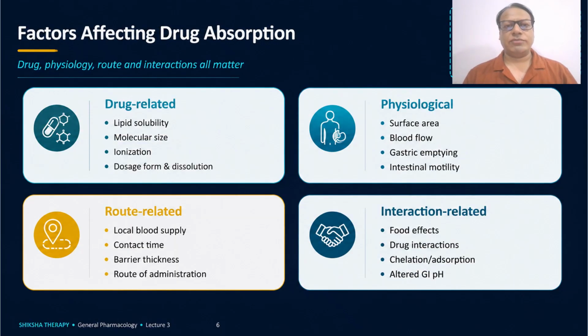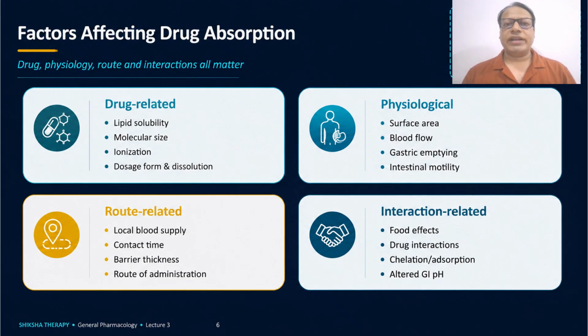Factor affecting drug absorption. Several factors can influence drug absorption. Drug-related factors including lipid solubility, molecular size, ionization, dosage form, and dissolution rate. Physiological factors include surface area, blood flow, gastric emptying time, and intestinal motility. And route-related factors include local blood supply, contact time, barrier thickness, and route of drug administration.